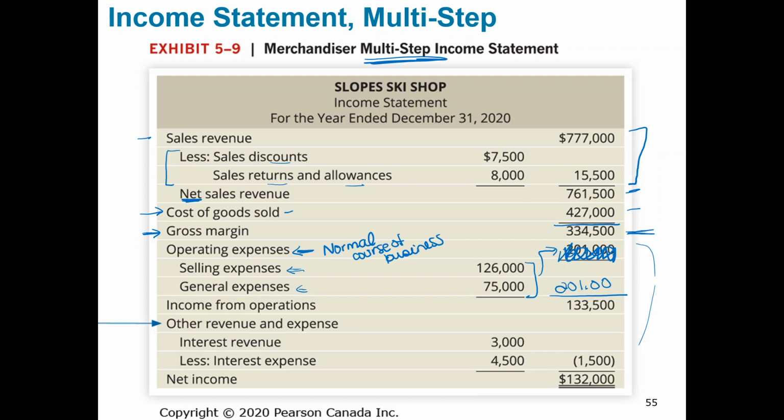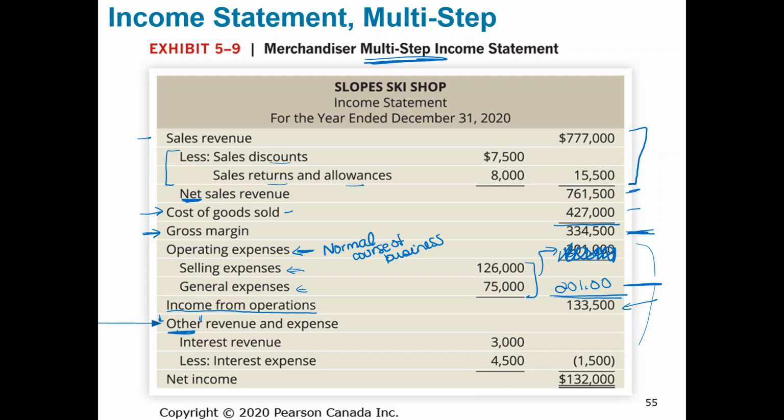So once we take our gross margin, we subtract these operating expenses, we get down to what's called income from operations. So this is what the normal income or the income from running the normal portion of the business is. So this is likely to continue year over year. From that, we either add or subtract our other revenue and expenses. So other revenue and expenses are items that are not part of the normal course of business.